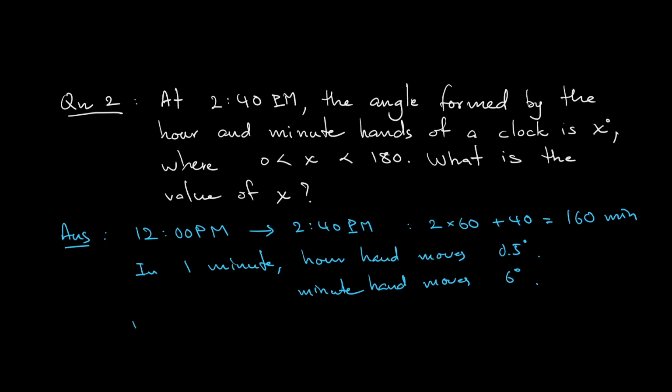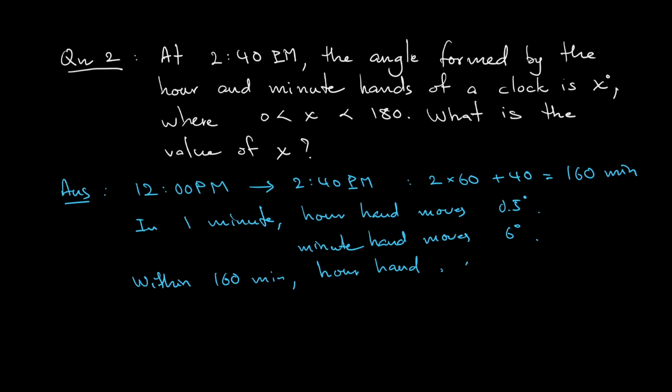So within that 160 minutes, the hour hand would move a total of 0.5 degrees per minute multiplied by 160 minutes. So that would be 80 degrees.